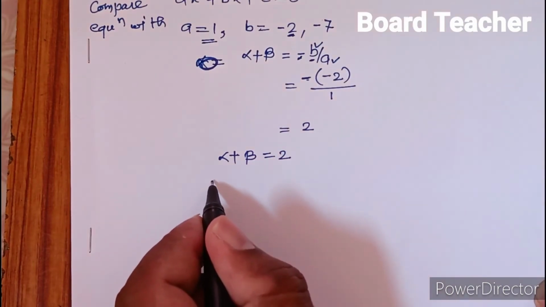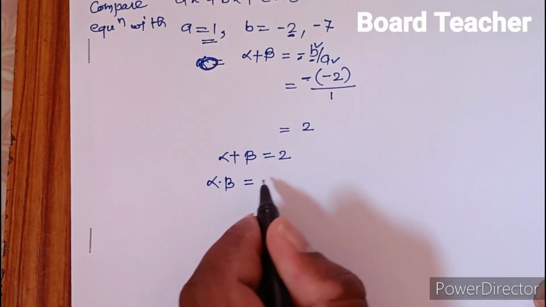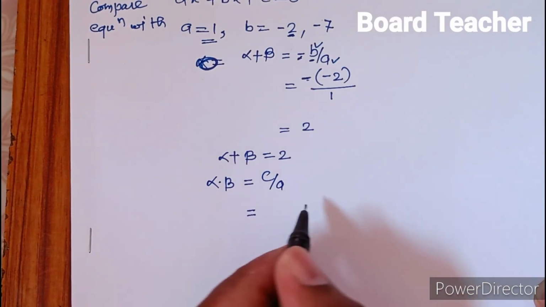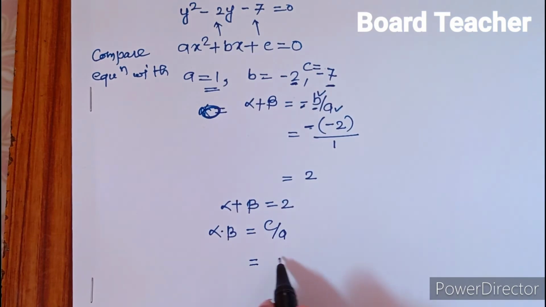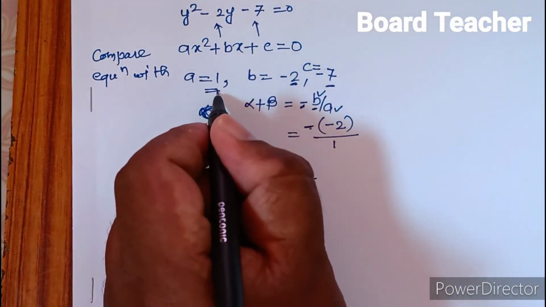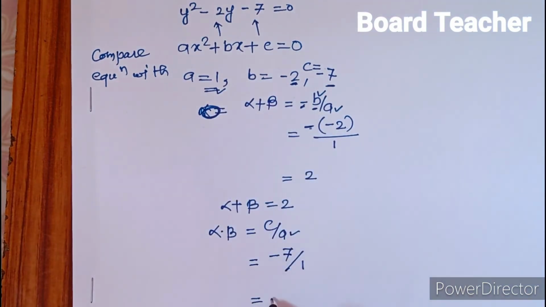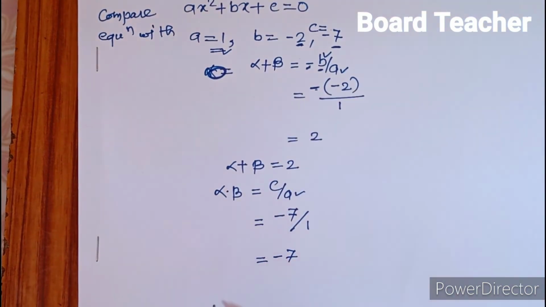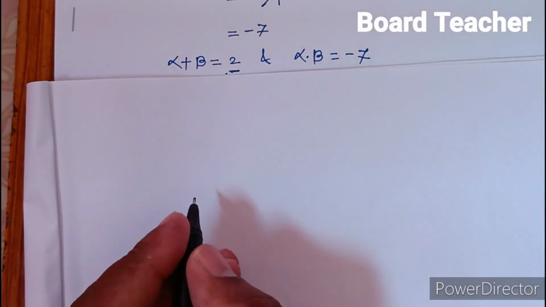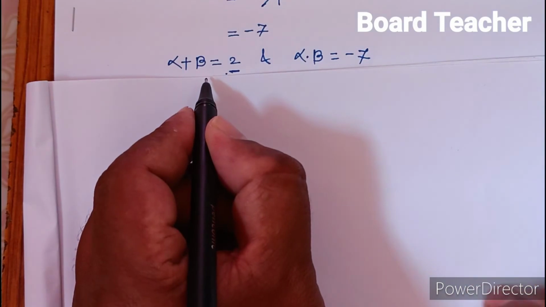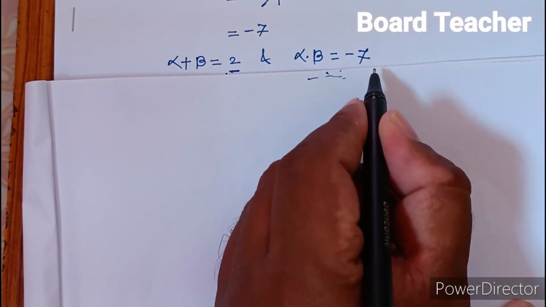Alpha dot beta, this product of these roots, that is alpha dot beta equals to c by a, equals to the value of c is minus 7, here c equals to minus 7, therefore minus 7 by the value of a is 1, therefore we get minus 7. We get the values of alpha plus beta equals to 2 and alpha dot beta equals to minus 7.